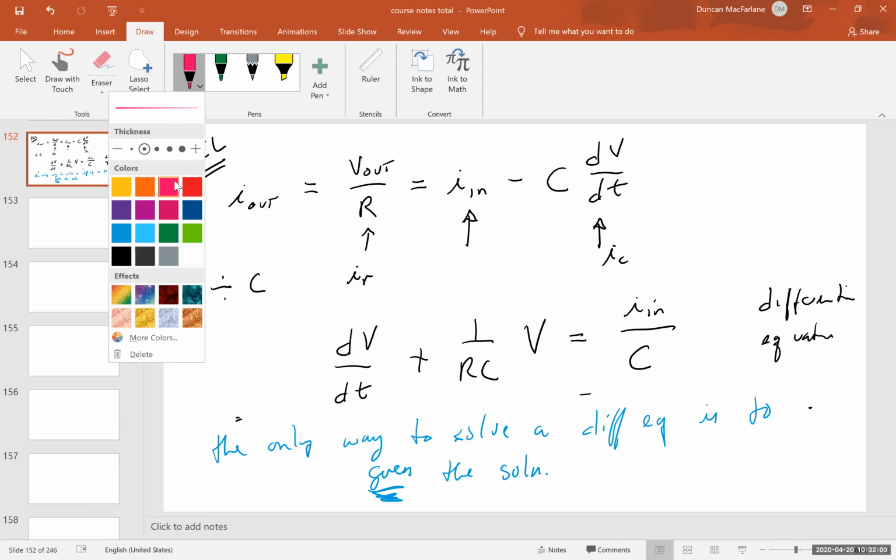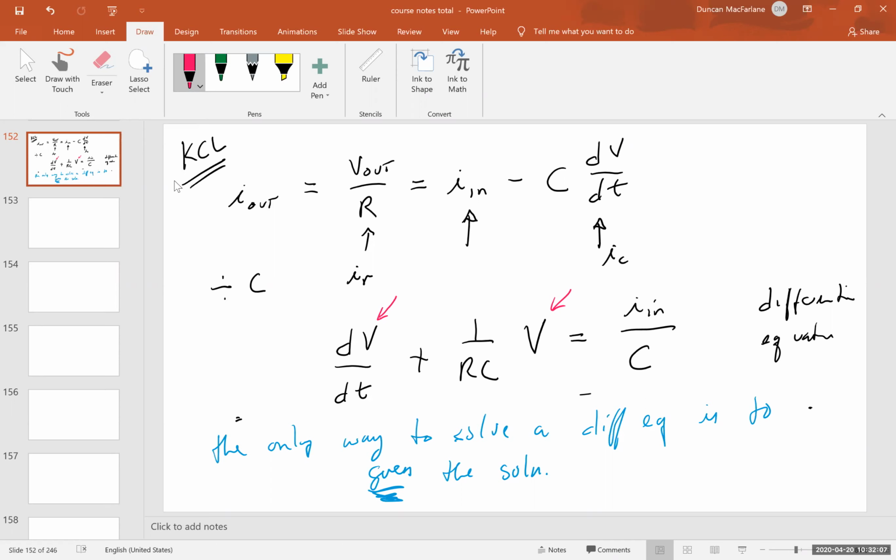We want to understand what the voltage is doing as a function of time. Okay? And this term here is the forcing term, or the input to the equation. Called a forcing term.